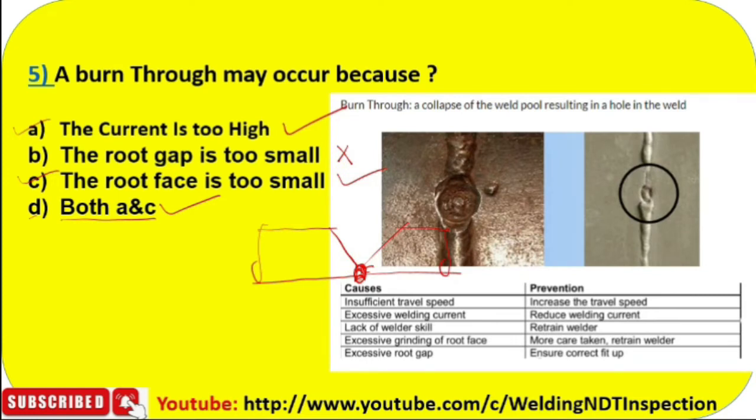These are the causes. Insufficient travel speed: increase the travel speed as prevention. Excessive welding current: reduce the welding current. Lack of welder skill: retrain the welder, maybe a qualified welder is needed, requalified.